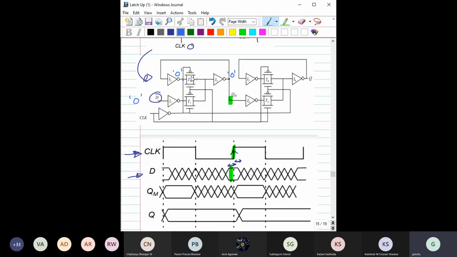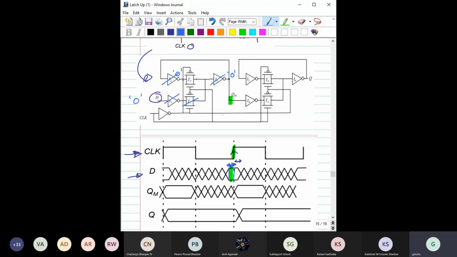So it would be the delay of this, delay of this, delay of this, and then delay of this. This is basically the duration during which the D input has to be stable, at least for this time, for reliable output or reliable performance from this master slave register, right?